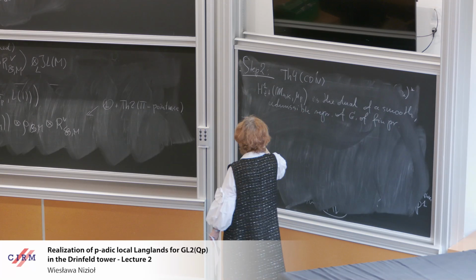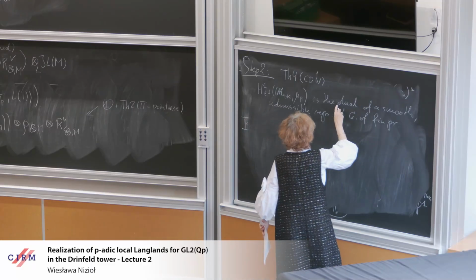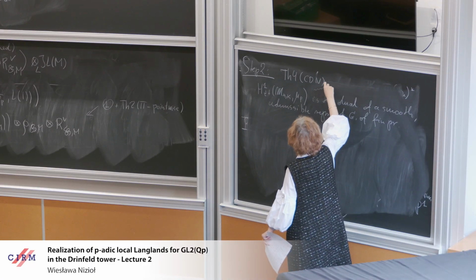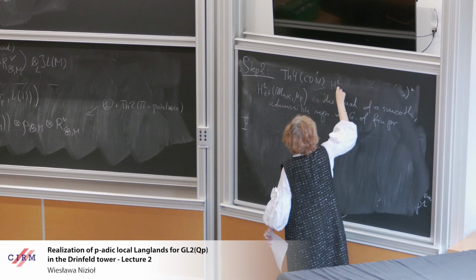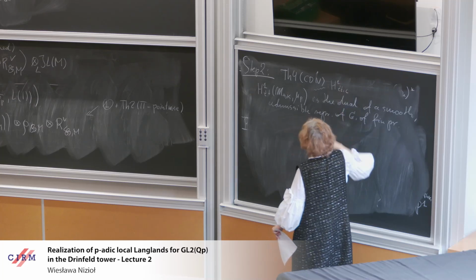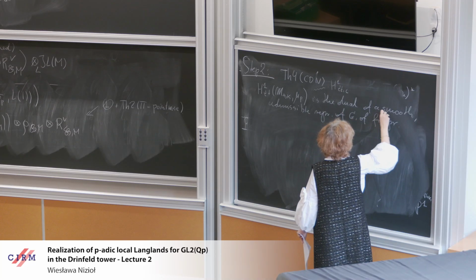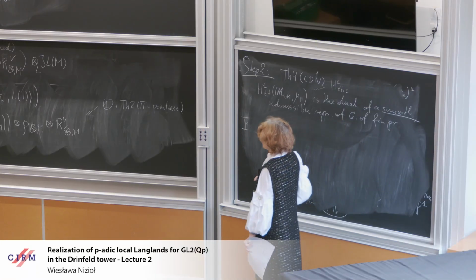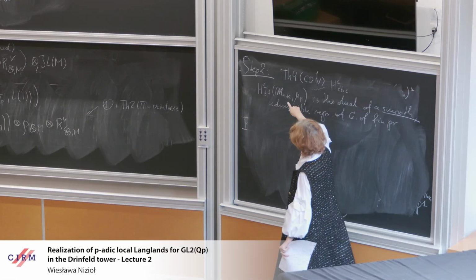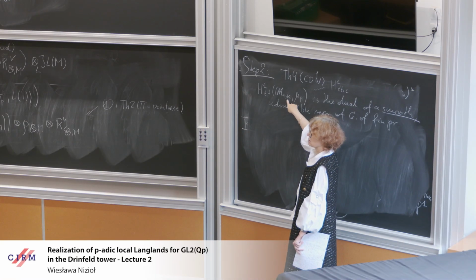Okay, so you see this dual here, which means that maybe philosophically we're actually working with compactly supported, but we don't know it because we don't know any dualities like that. Smooth part is easy, so it reduces to the analysis of the Bruhat-Tits building basically.